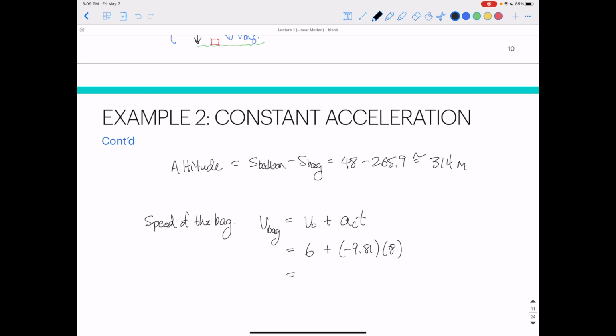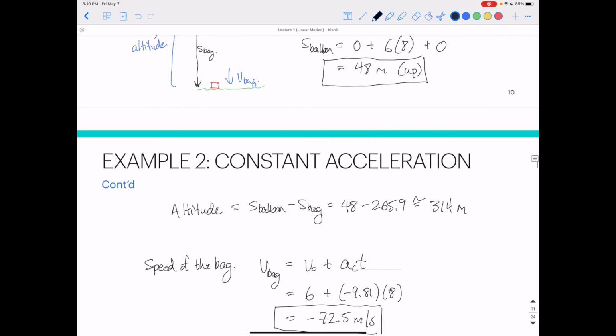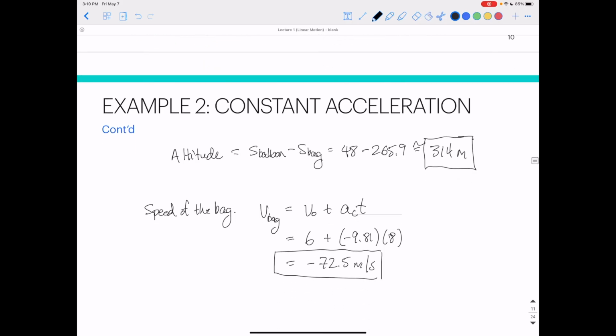If we solve this, we get the velocity equal to negative 72.5 meters per second. Just to keep things simple, we can highlight all of our solutions. So our two answers: the altitude of the balloon is 314 meters, and the bag hits the ground at a speed of negative 72.5 meters per second.